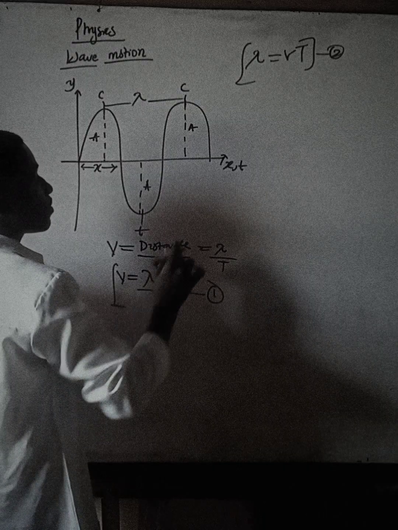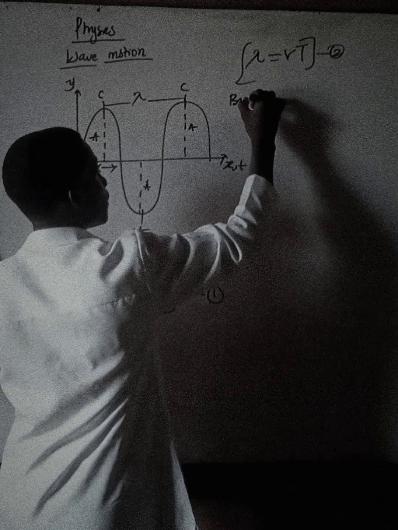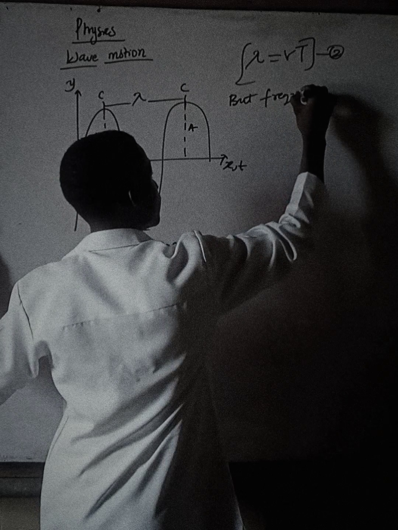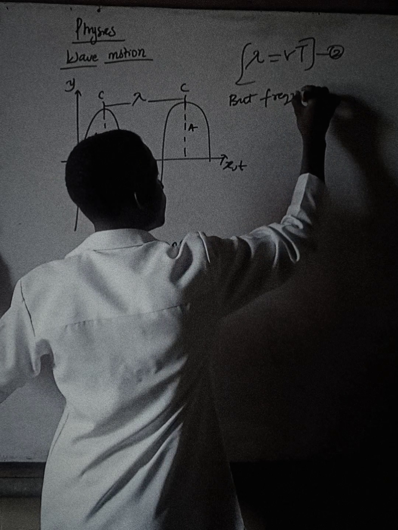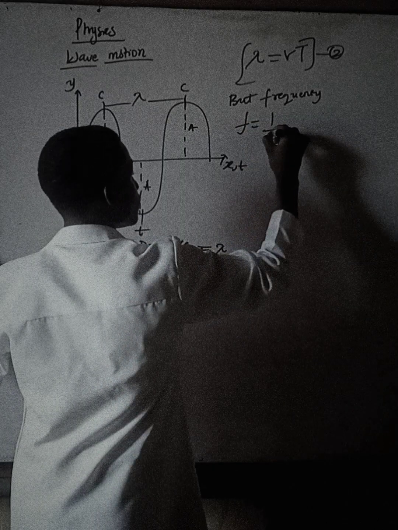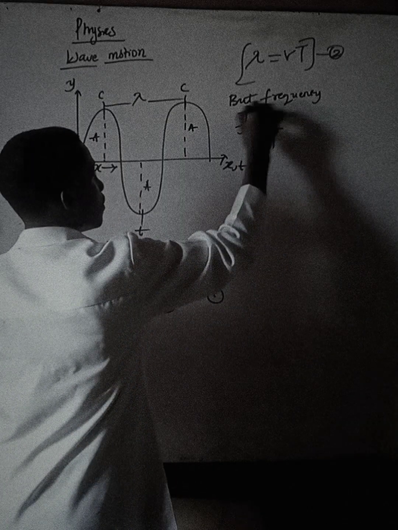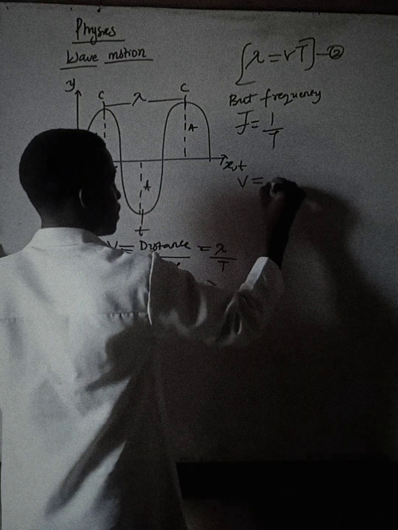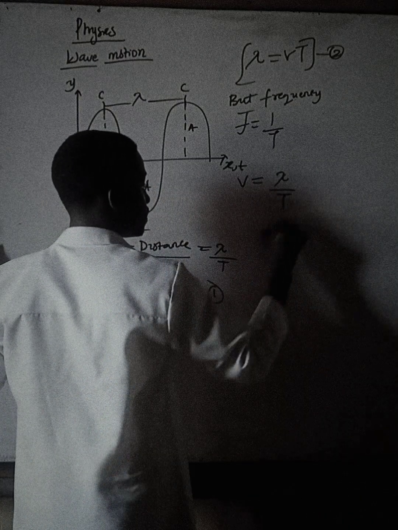Now, remember that frequency F equals 1 over T, right? So now, in equation 1, we know that V equals lambda over T, right?